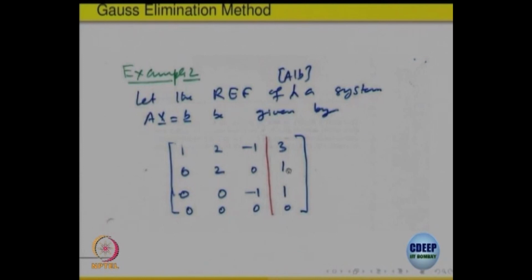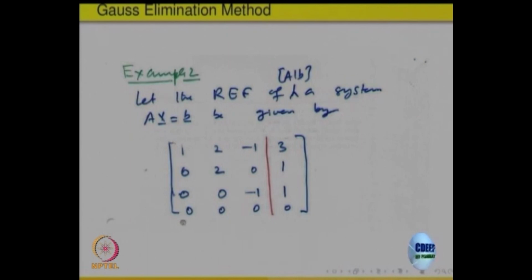So, x2 is known. So, x1 is known, x2 is known. From the first equation, x1 plus 2 x2 minus x3 equal to 3, but the other two are already known. Put those values here backwards, and you get x1, right.